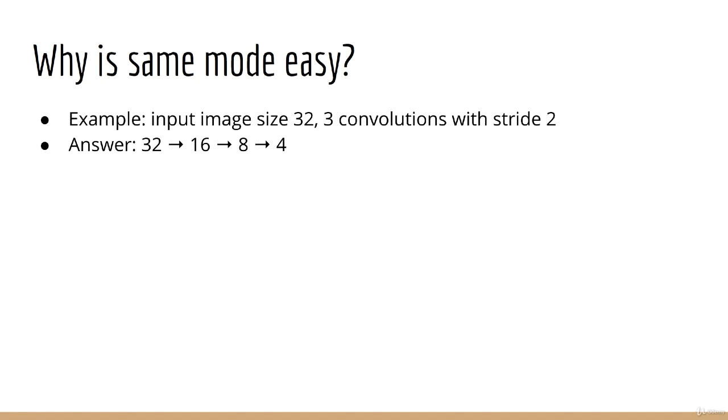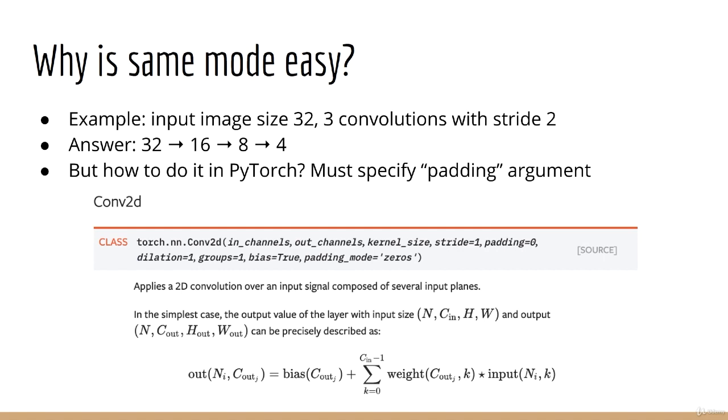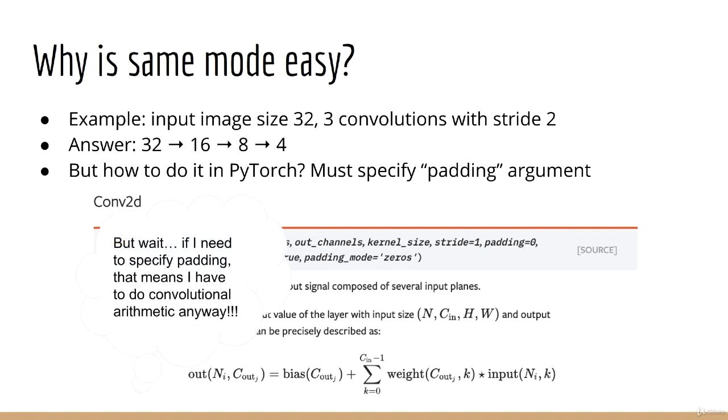Easy. Well, let's ask ourselves, how would we do the equivalent of same mode in PyTorch? Let's see. We have to specify this padding argument, which tells PyTorch how many spaces to pad the input image on each side. But wait, in order to specify this argument correctly, so that you achieve the equivalent of same mode, you need to do convolutional arithmetic to calculate the correct amount of padding.